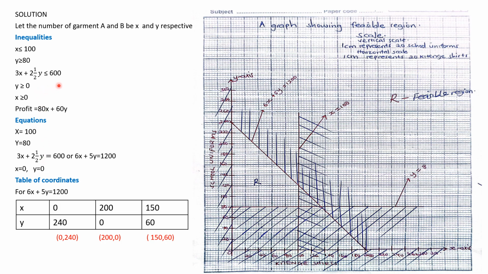Is 0 less than 600? Yes. It means that this region below the line satisfies the inequality. So I'll shade the upper part. So this is all about the feasible region. And then R, I've labeled it here as the feasible region.